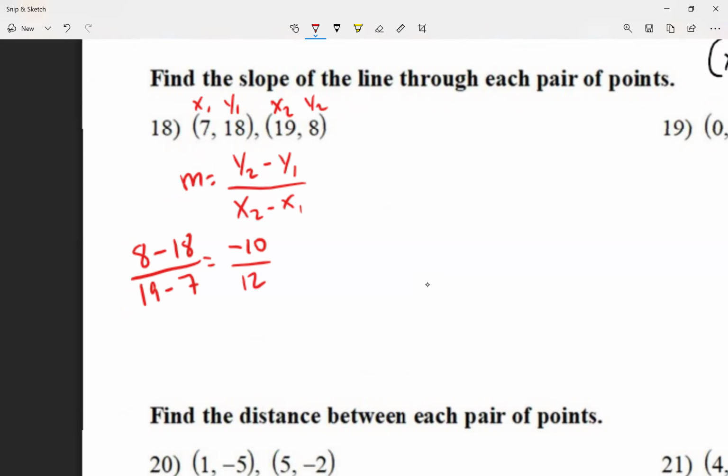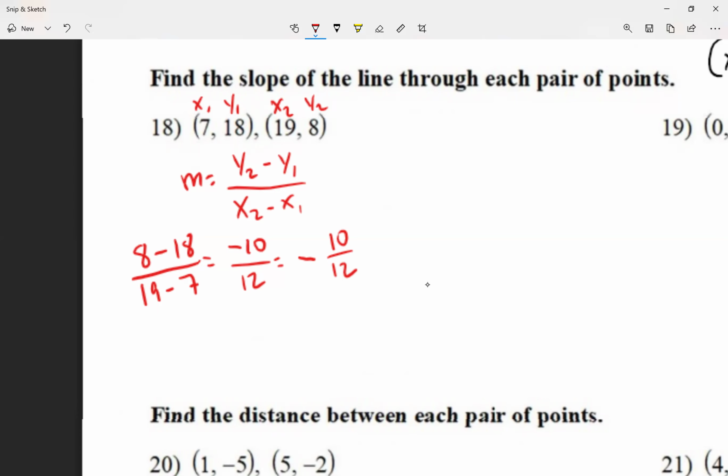If you have just one negative sign, whether it's on the top or the bottom, bring it to the front. So this is negative 10 over 12. Now, if you happen to have two negative signs, they cancel each other out, so it'll become positive.